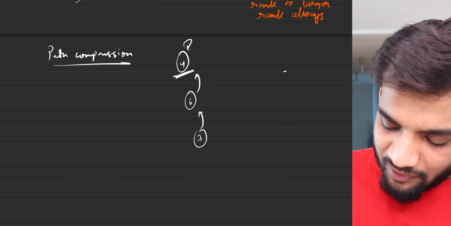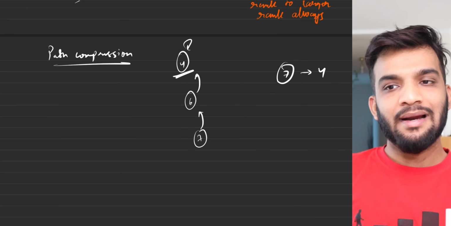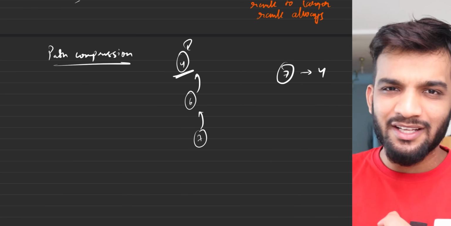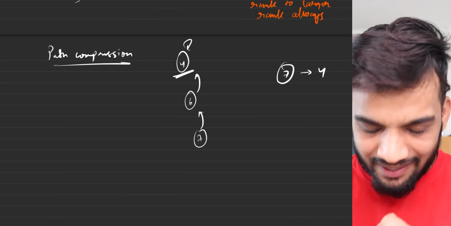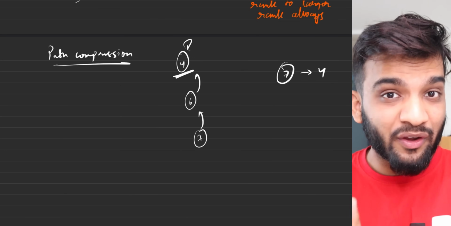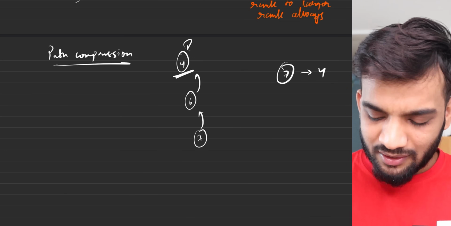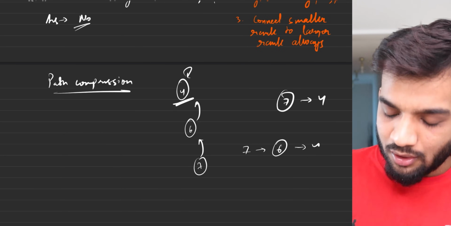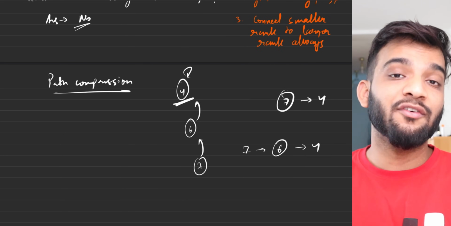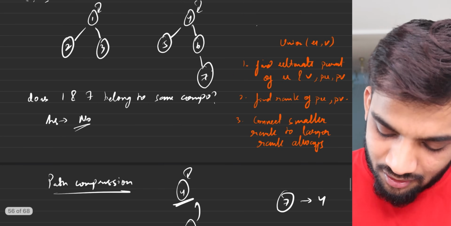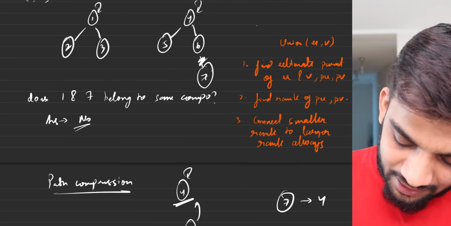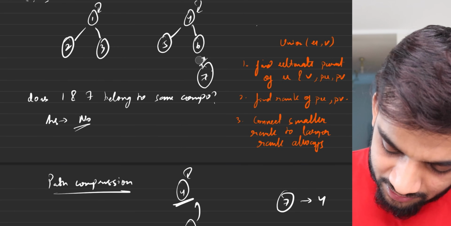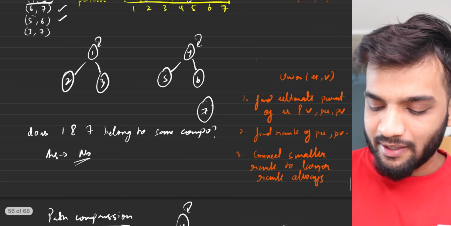So once you have figured out 7's parent is 4, and since we are just dealing with parents, and that is what I require, because our main goal is to figure out who is the ultimate parent, can I say, once I've gone from 7 to 6 to 4, I don't need this link anymore, because I know 7's parent is now 4?